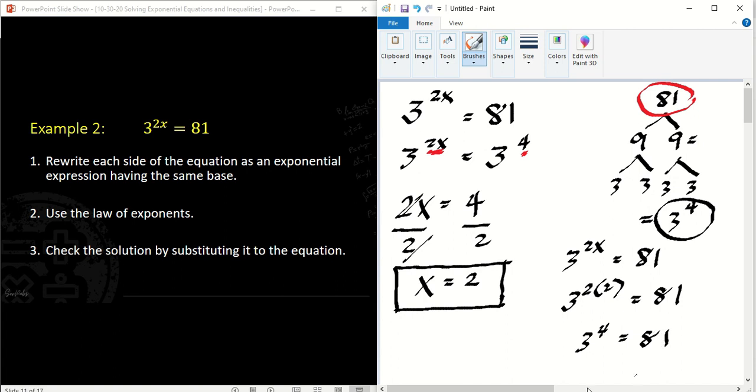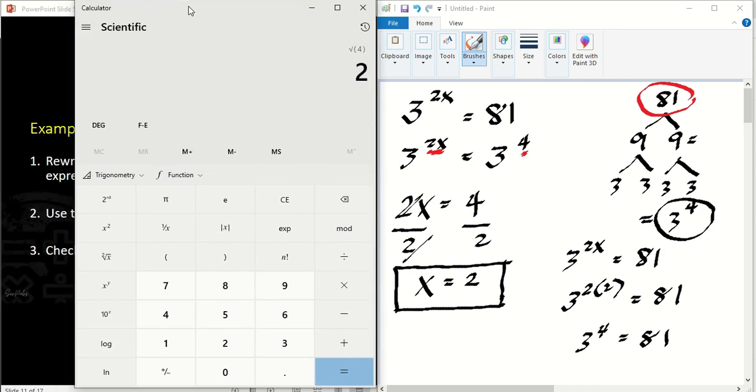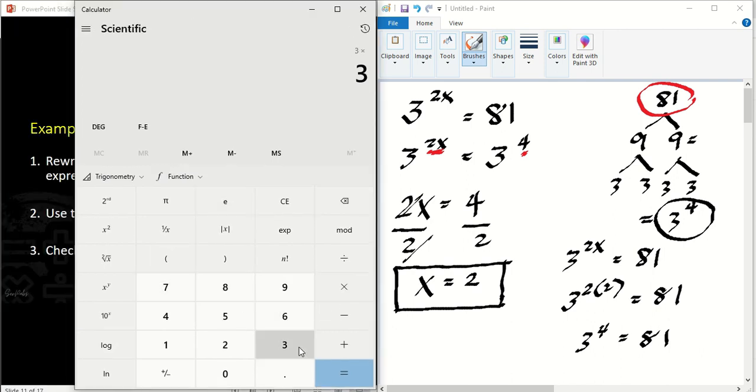So, yung 3 to the 4th power, kahit gumamit ka ng calculator, ang ibig sabihin nun ay 3 times 3, dalawa, times 3, tatlo, times 3, apat. So, ang sagot ay 81. O, kaya naman, kung medyo high-tech yung calculator mo, pwede mo naman gamitin yung exponent.